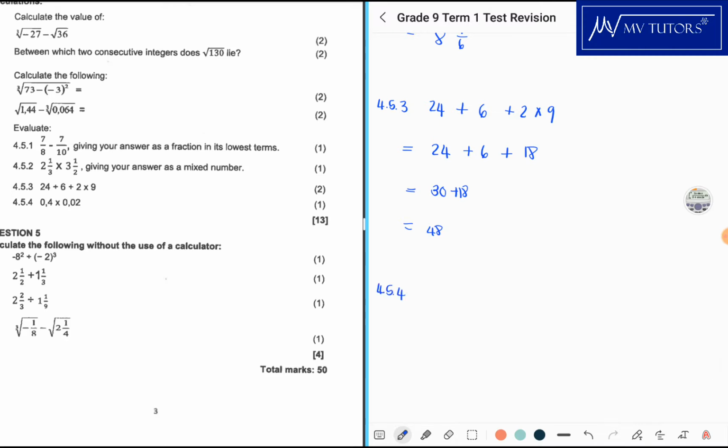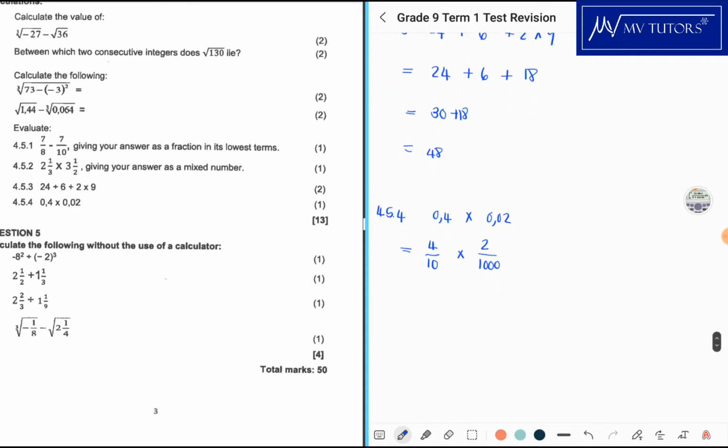4.5.4. We have 0.4 times 0.02. I suggest you put these decimal fractions as your normal common fraction, okay? So 0.4 is the same as 4 over 10, and 0.02 is the same as 2 over 100.